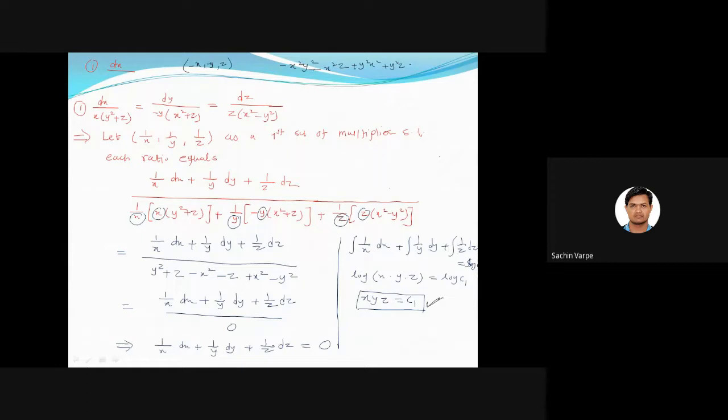Then plus z square x square minus z square y square. Check now. x square y square is getting cancelled with this minus x square z. No, it is x square z square, na? No, it will not work. It will not.